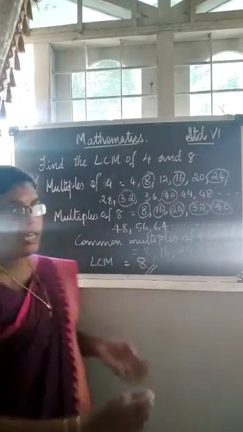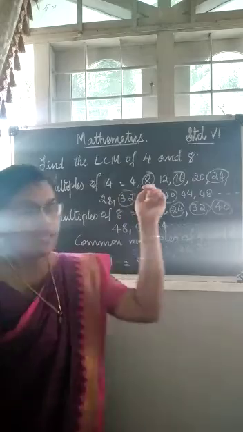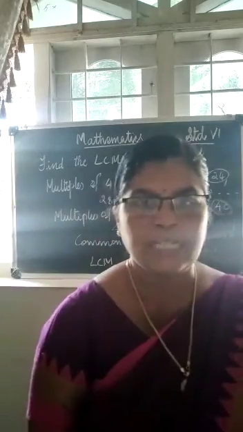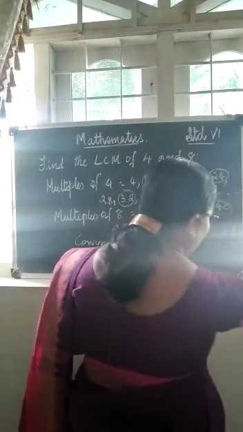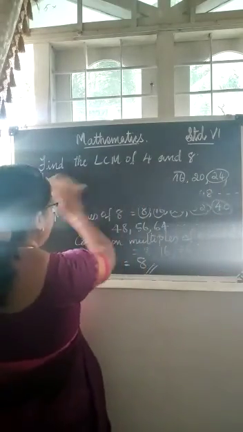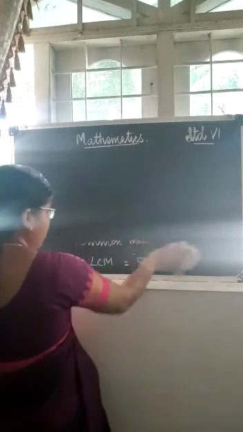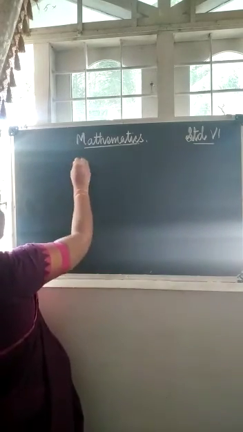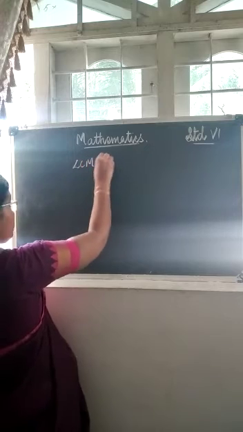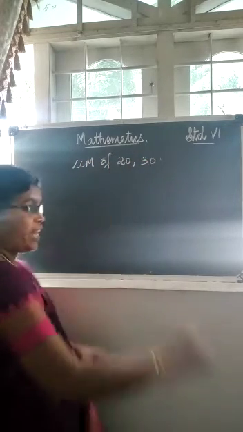Okay children? Next, for us it is very easy to find for single digit numbers. If there are more numbers, suppose we have to find the LCM of 20 and 30.